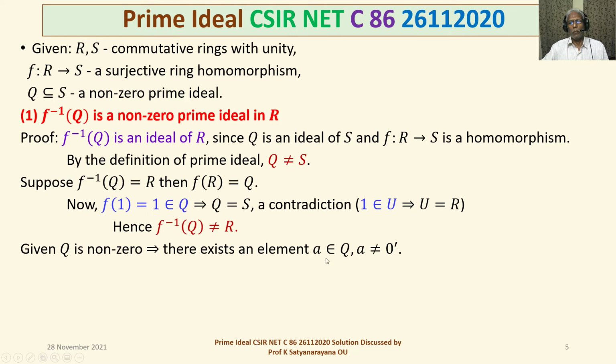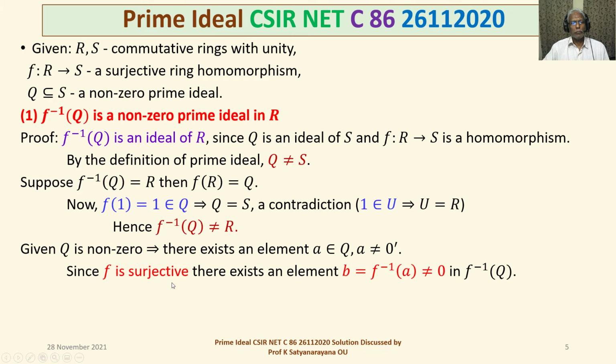So there exists an element a belongs to Q, a not equal to 0', where 0' is the zero element of S. Since F is surjective, a has a pre-image in F inverse Q. So there exists an element b, b is equal to F inverse a, which is also not equal to 0, in F inverse Q. This happens because F is surjective. So this shows F inverse Q is non-zero.